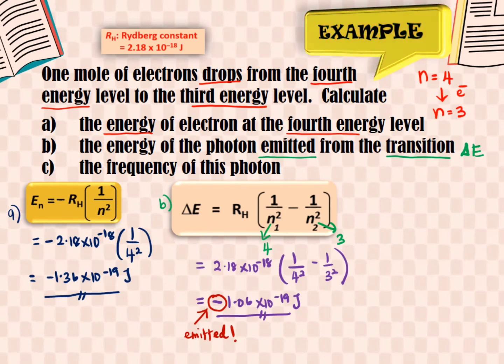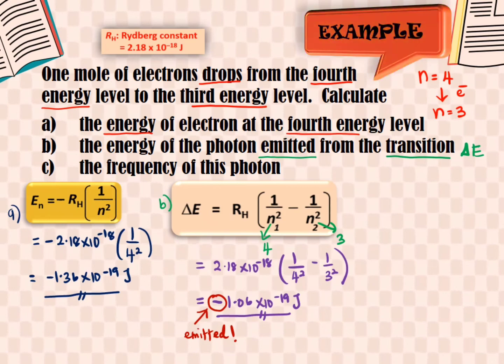So that's why you akan dapat the value in negative sign. Tapi kalau elektron tu dia move from lower energy level to higher energy level, you will get your answer in positive value. Why? Because the electron need to absorb energy. So that's the difference. So be careful, guys.